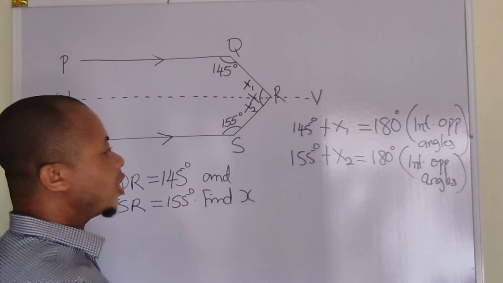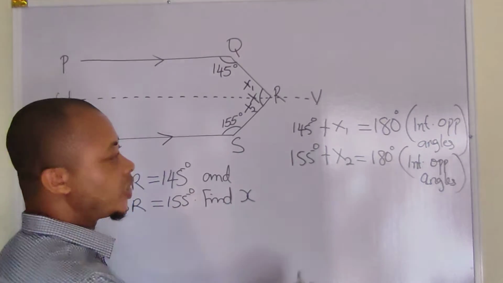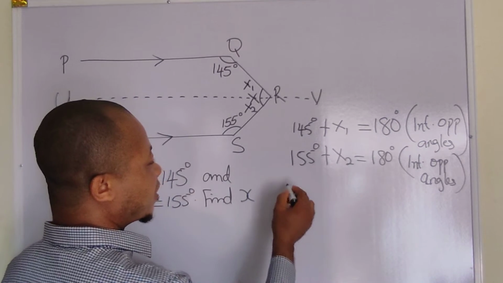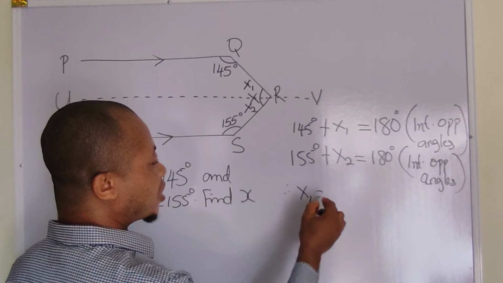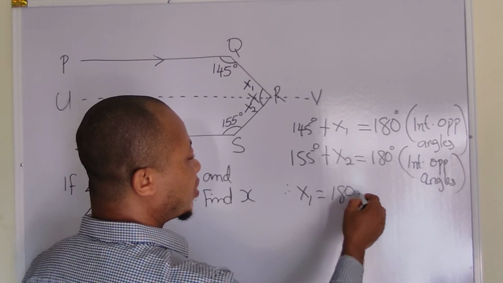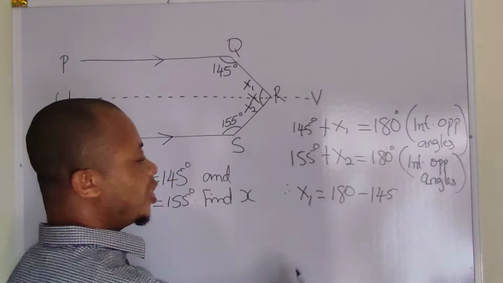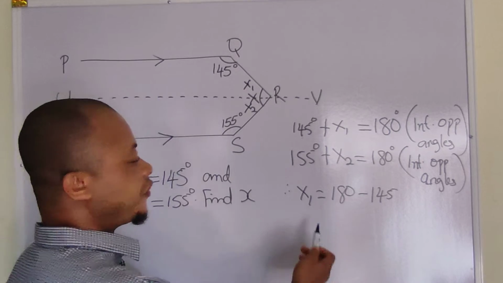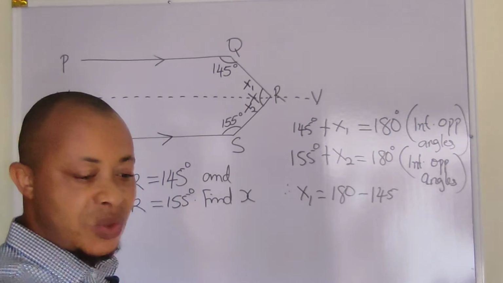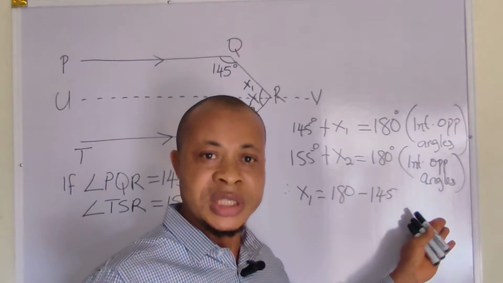Okay, so to get x1 from this, we say therefore x1 equals, remember you are carrying 145 to this side, it becomes 180 minus 145. If you subtract 145 from 180, you get the value of x1. So this is very simple.